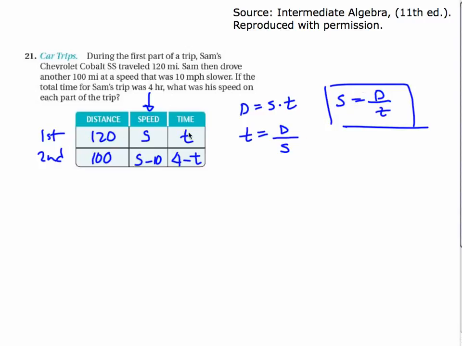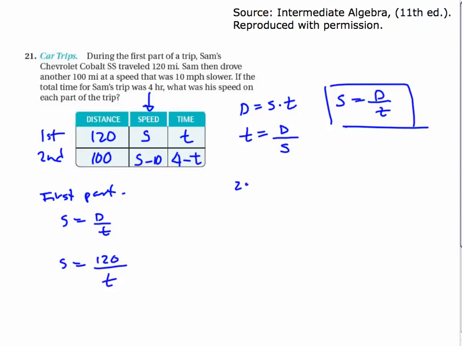So let's look at the first part of the trip. So the speed for the first part of the trip would be S. So S is equal to d over t. So S is equal to the distance 120 over the time was t.